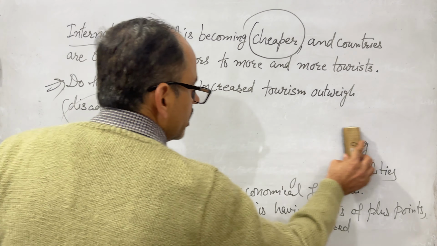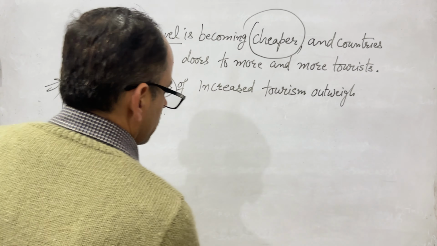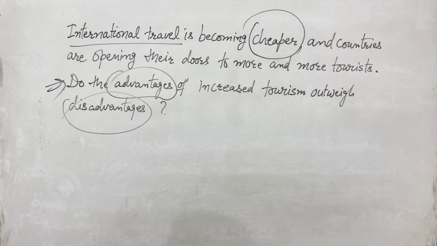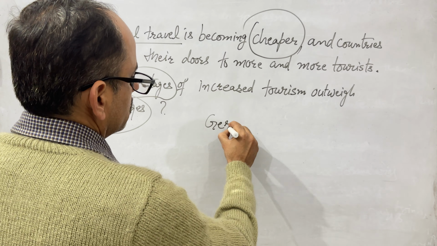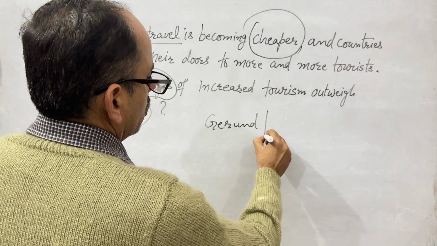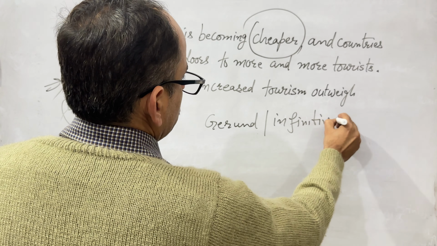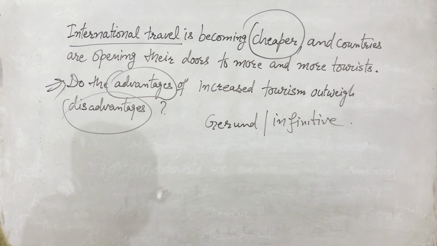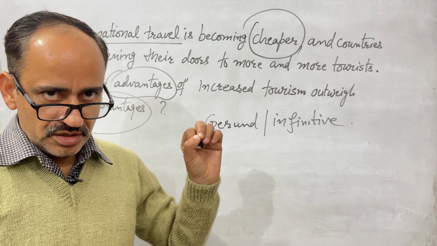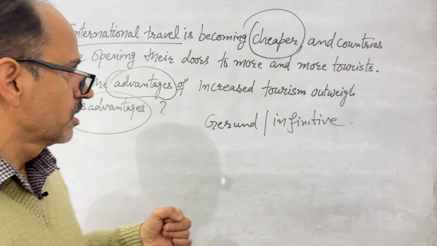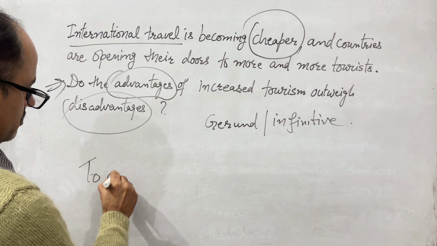Third way, using gerund or infinitive. It means I am going to use main verb here to start the sentence, like to attract.